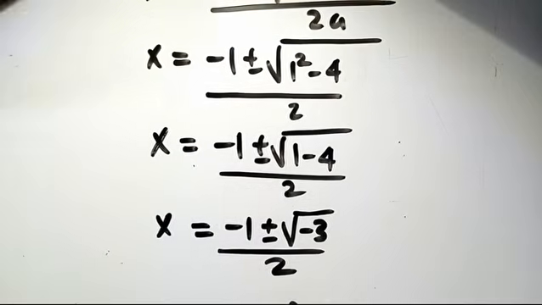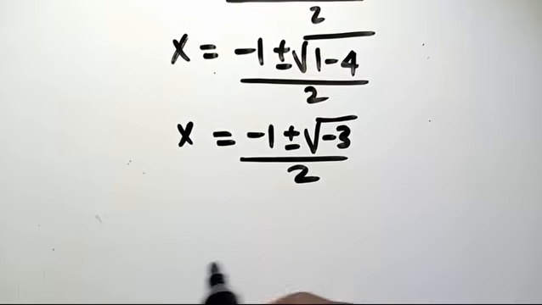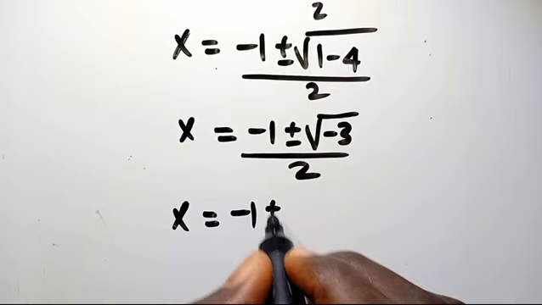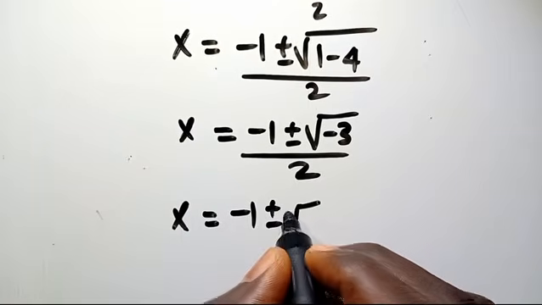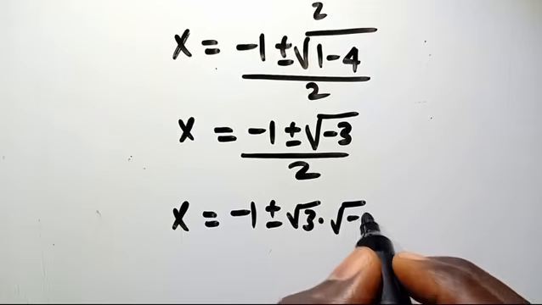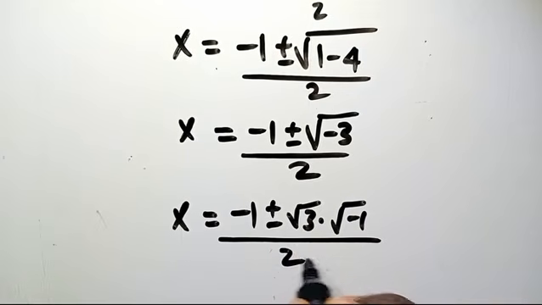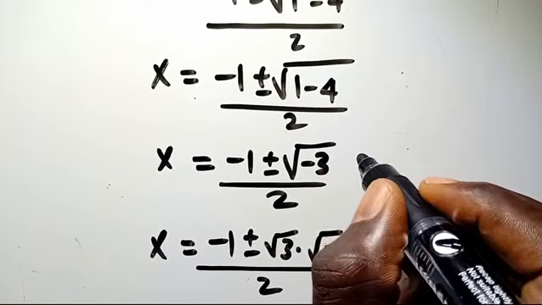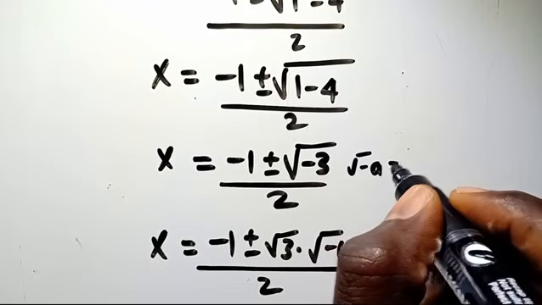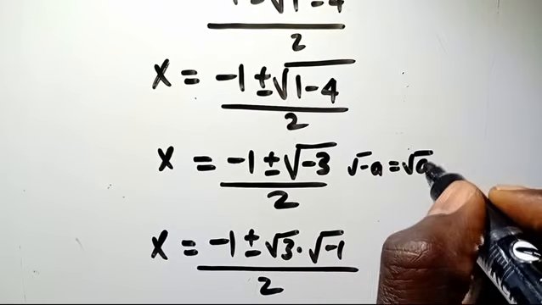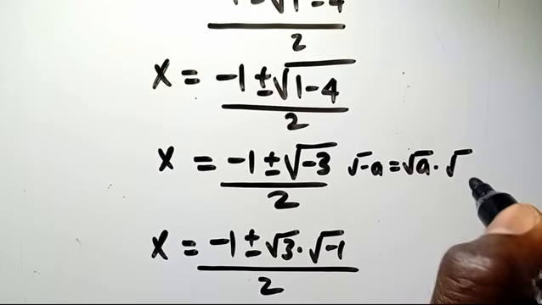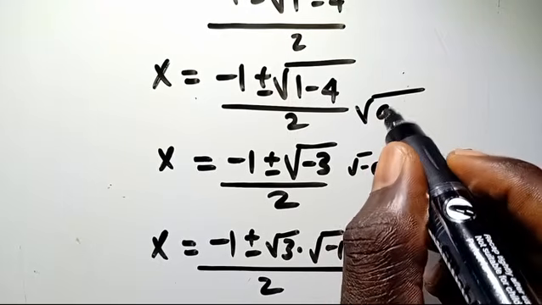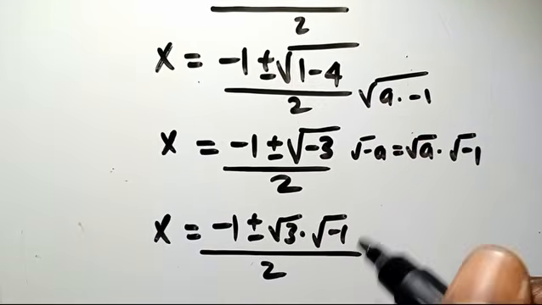Now, we have x equals minus 1, positive or negative, root 3 times root of minus 1, over 2. That is the simplification of this. So when you have root of minus a, it equals root of a times root of minus 1, because we can simplify this as root of a times minus 1.